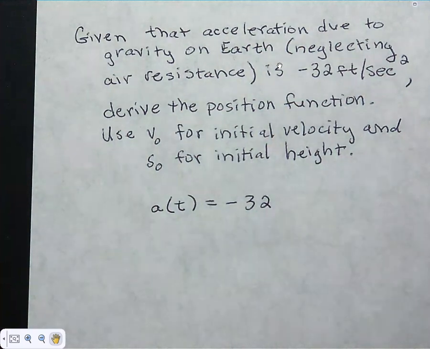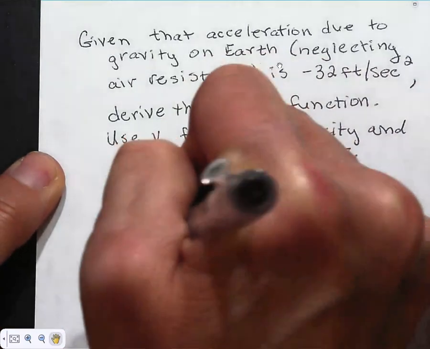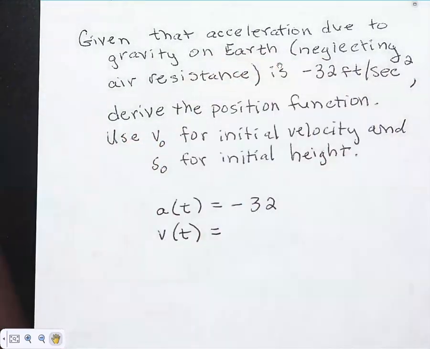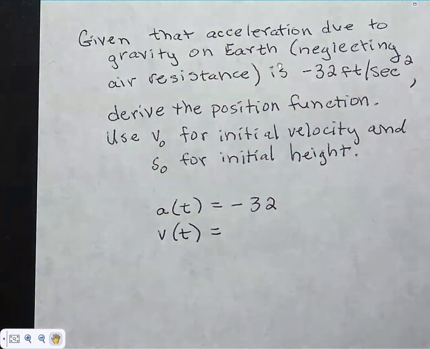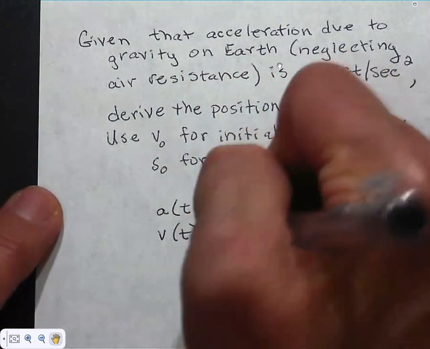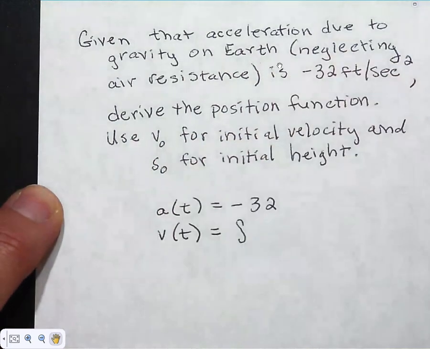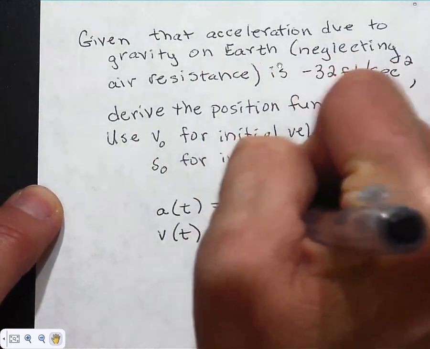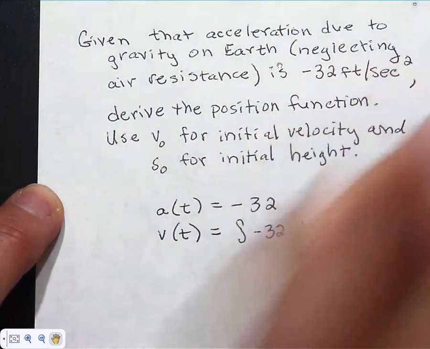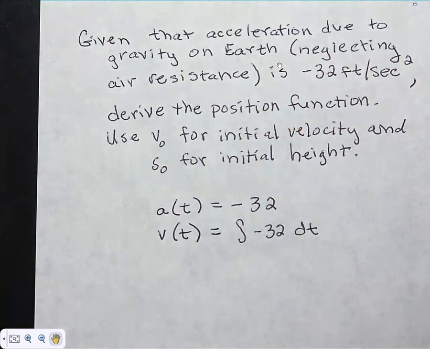If we're given the acceleration function, how could we get the velocity function? By integrating. Just anti-differentiate the acceleration function. The velocity function would be the antiderivative of -32. Our independent variable is t. So we want to find the indefinite integral of -32 dt.